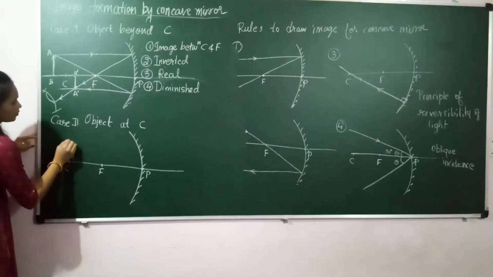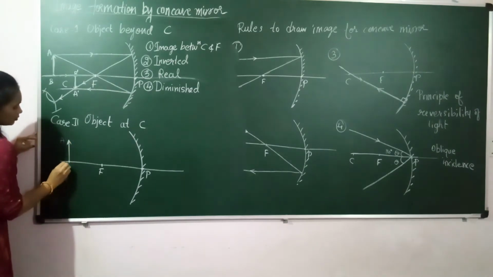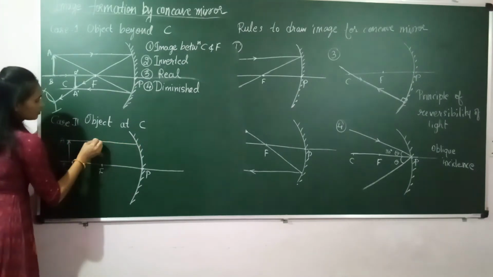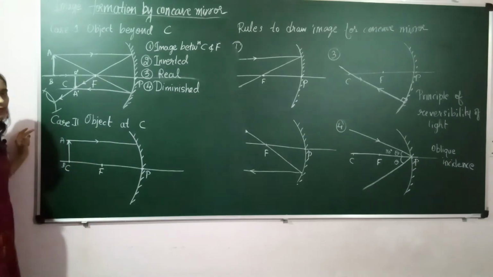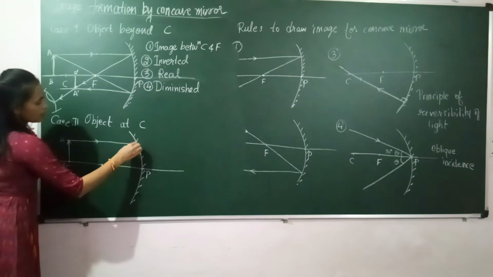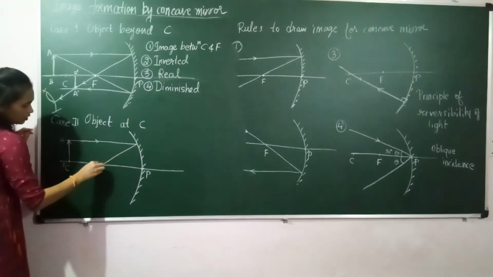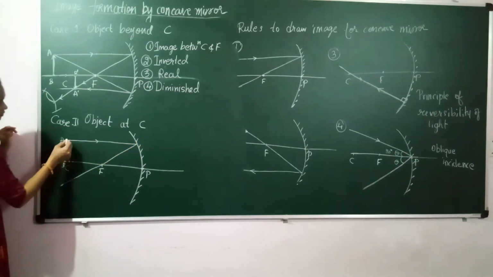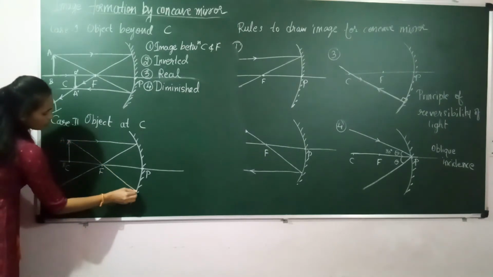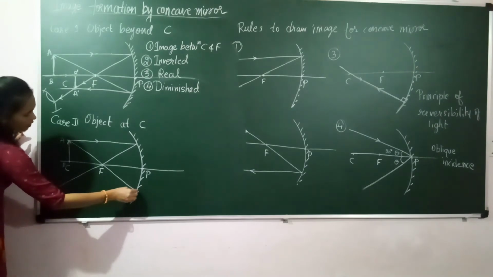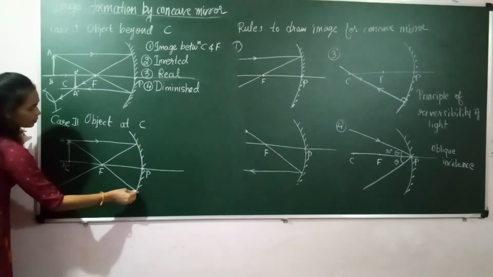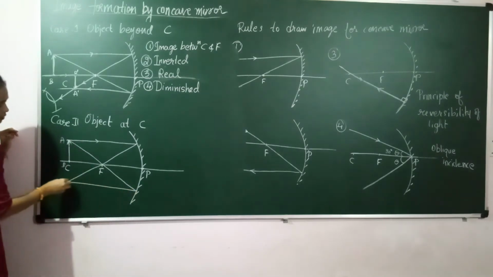In this case, this is A and this is B. From A we will take a ray of light parallel to the principal axis. After reflection it will pass through the focus. And the next ray we will take is the one passing through the focus. We already know that whenever a ray of light passes through the focus, after reflection it becomes parallel to the principal axis.